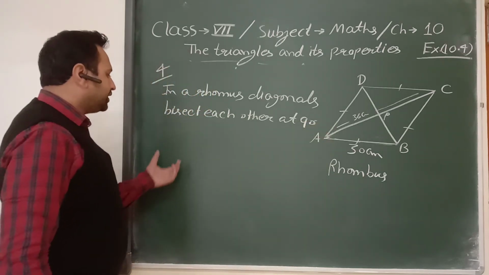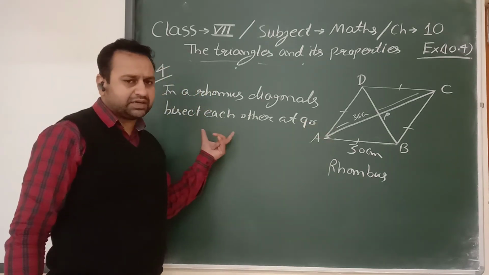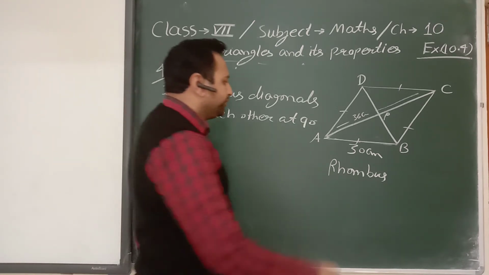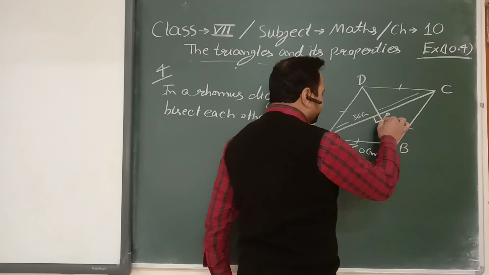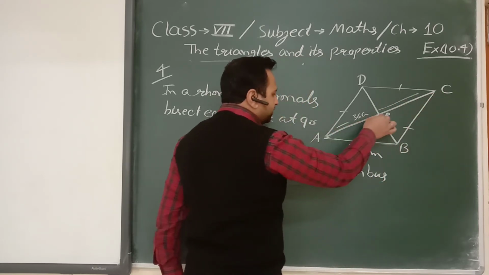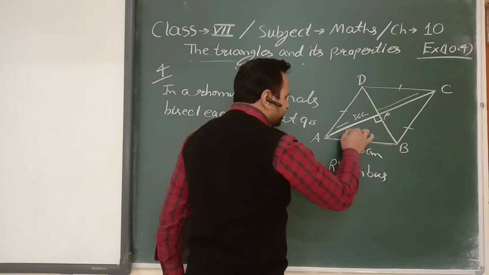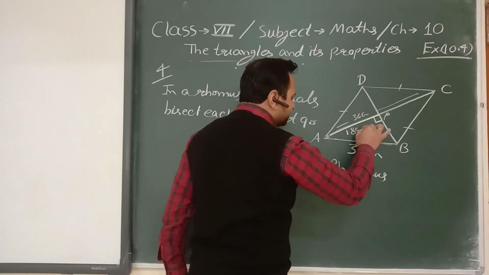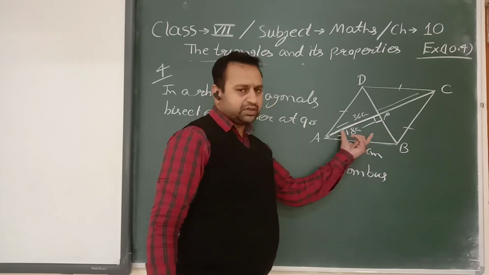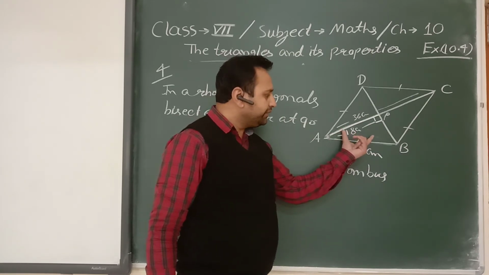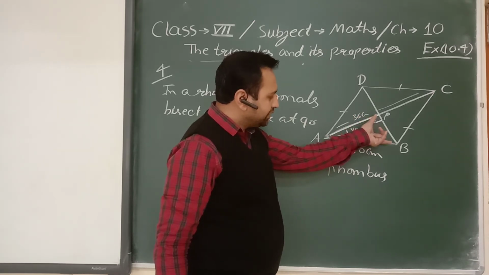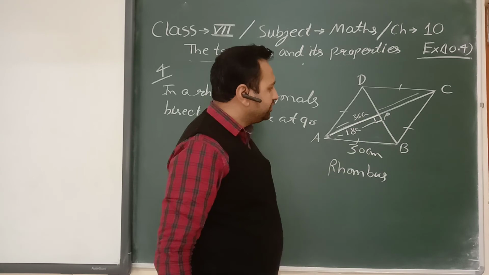It means this angle is also 90 degree. And bisect means if its value is 36 centimeter, then its value is 18 centimeter. So now we can use Pythagoras theorem in triangle ABP and calculate BP, and after this multiply by 2 we can find out the value of BD.